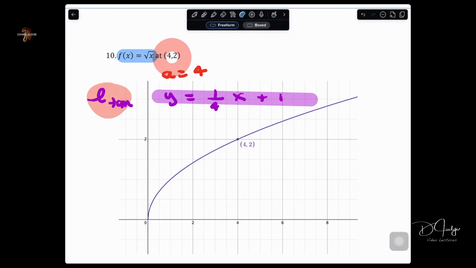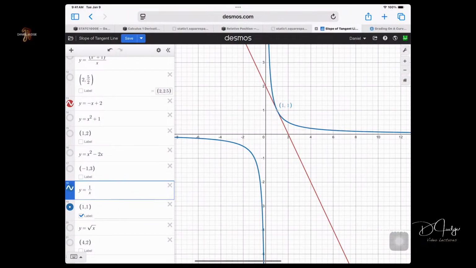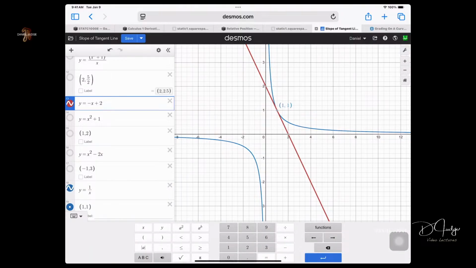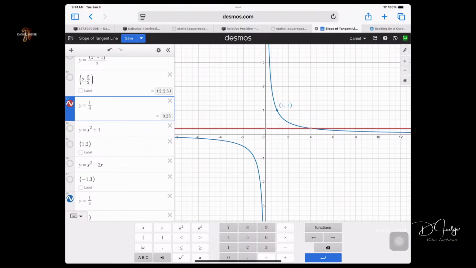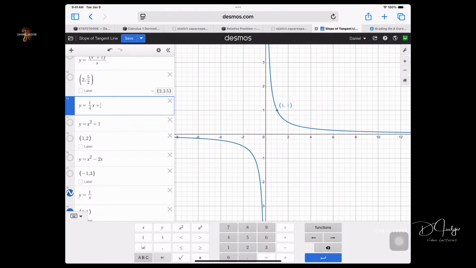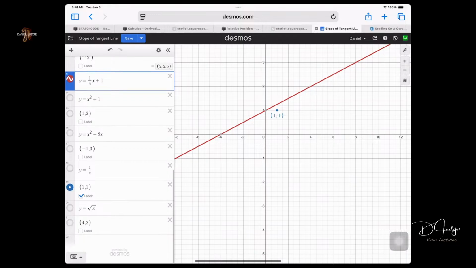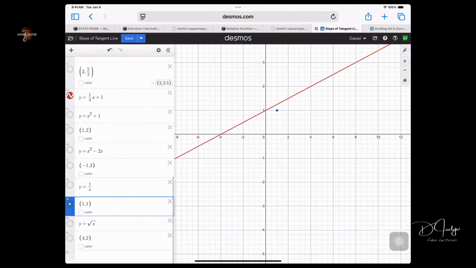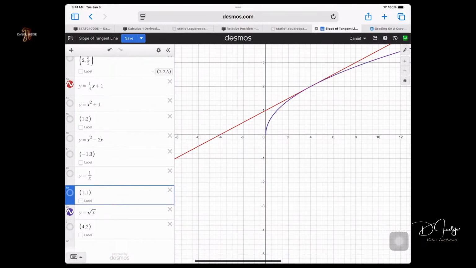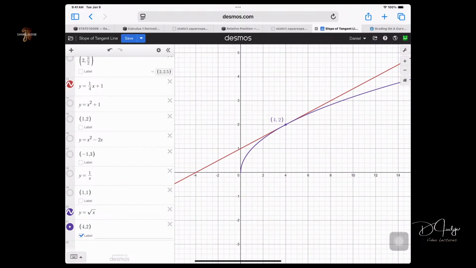One-fourth x plus 1. There you go. That's the equation of the line tangent to the curve at that particular location now.